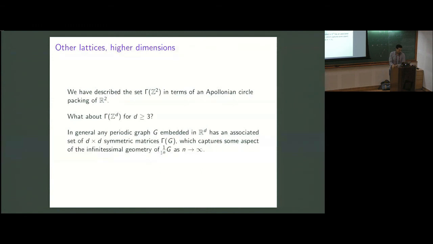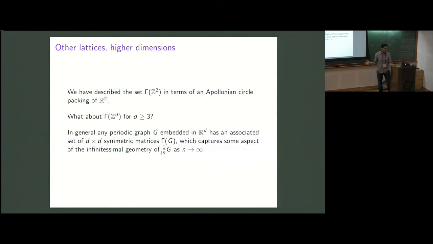Okay, and then more in the realm of the topic of this workshop, this is the tip of the iceberg, right? For one lattice, the square lattice in Z2, for one particular model, the Abelian sandpile, we have this exact description of gamma, which tells you which features of the square lattice are still relevant in the scaling limit. And you'd like to be able to do this in higher dimensions.